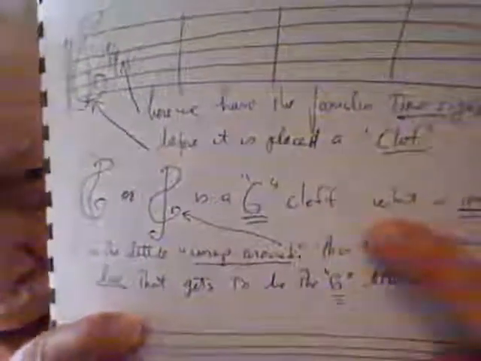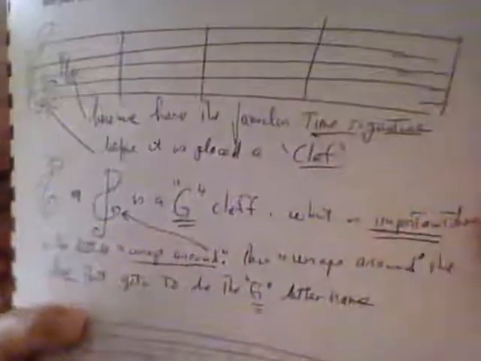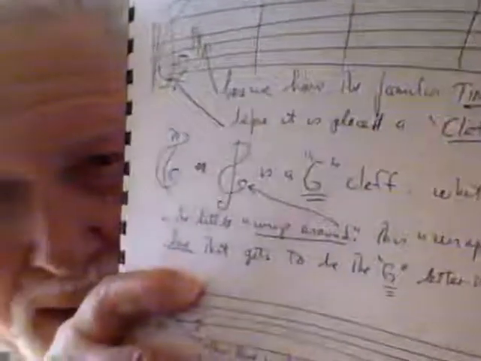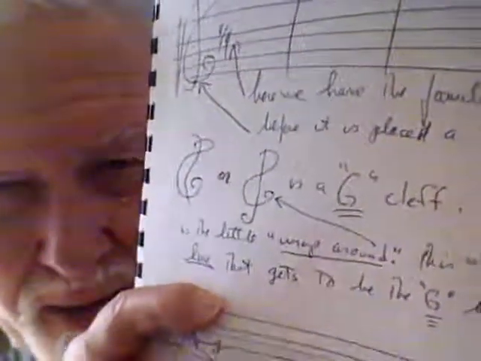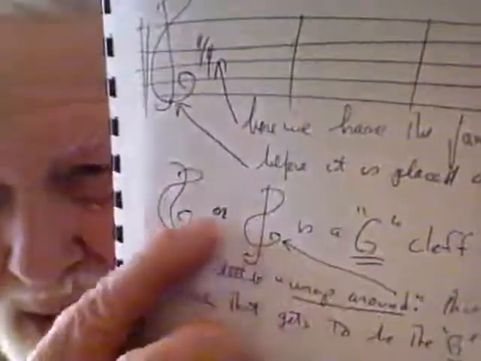Now, this is called a G clef. You see that clef right there? G clef. What is important about this is that it has a little wraparound, which you see right here. That wraparound is what makes it a G clef.